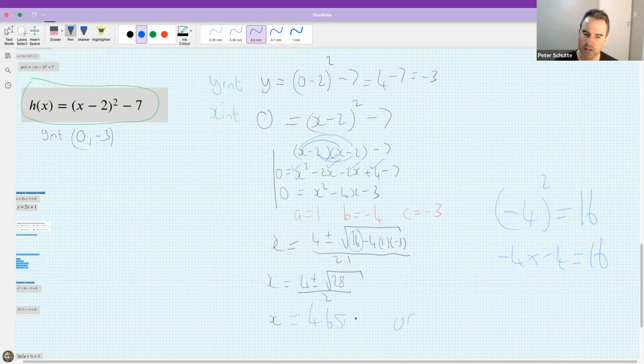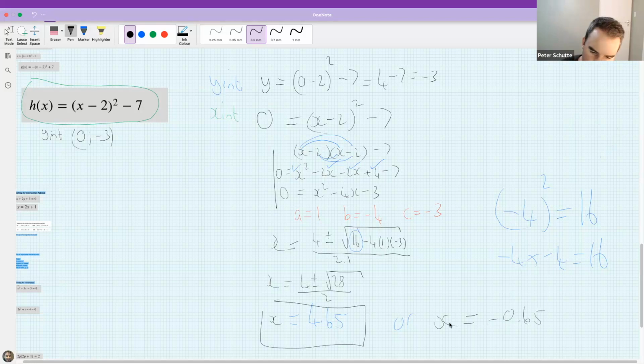That's fine. Can we put it into decimals just so we can see? So 4.65 is the one answer. What's the other one? Okay, so definitely one is 4.65, and the other one is x equals, now is it minus 4.65? I think that's what we should be getting, because yes, it's minus 0.65. And that is the x-intercepts.